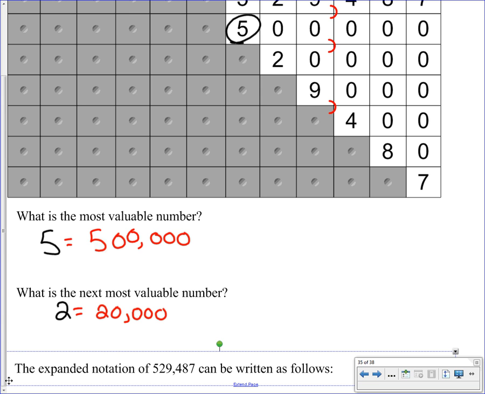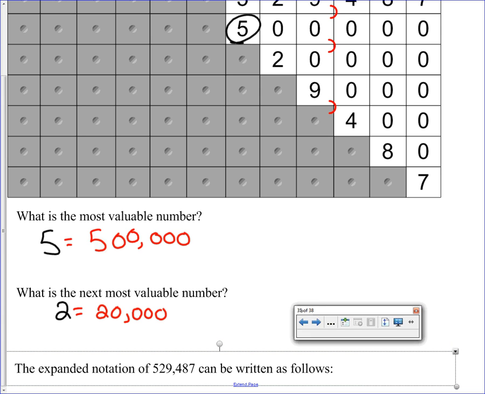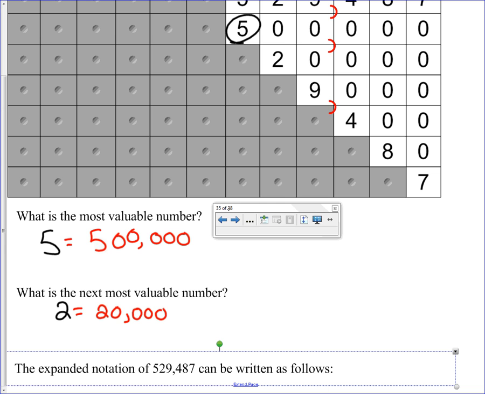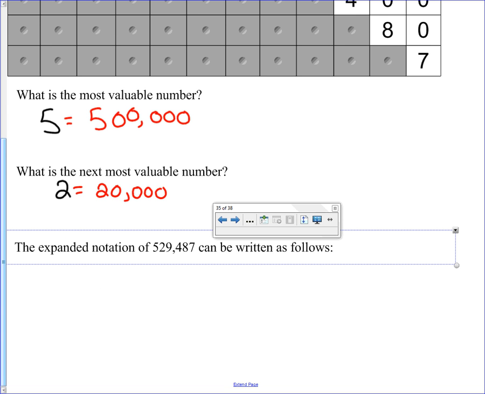Looks like I ran out of room there. Might have to draw a little line. Oh wait, it's a button. There we go. So the expanded notation for 529,487 can be written as follows.